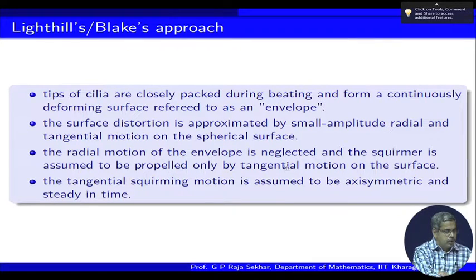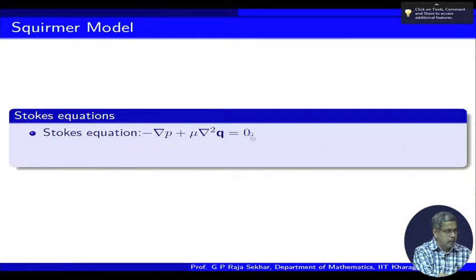Okay. So, what is the structure of this? We will see. So, this is the approach. So, with this approach, let us start modeling. So, we assume Stokes equations and then the corresponding equation of continuity. Okay.